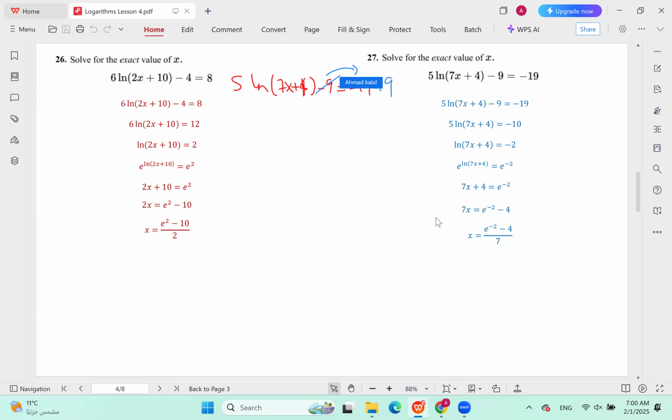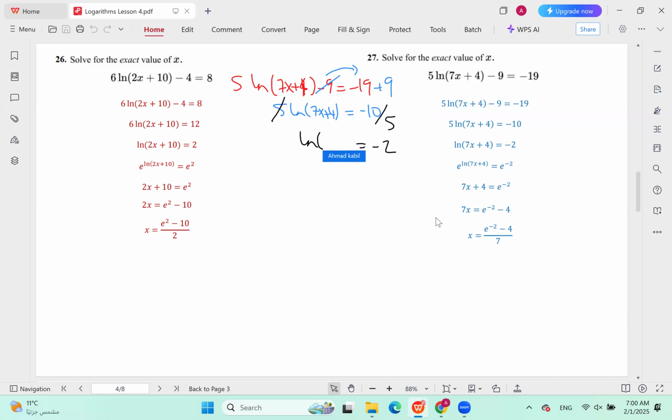This cancels out. We get here -10. We have 5 ln(7x + 4) = -10. We can divide both sides by 5, or just cancel this here and put it over there. And this gives us -2.